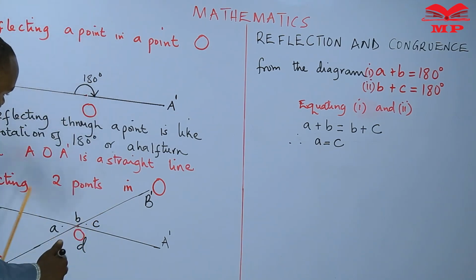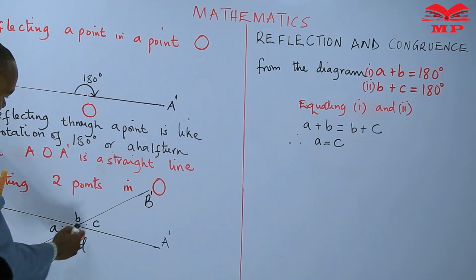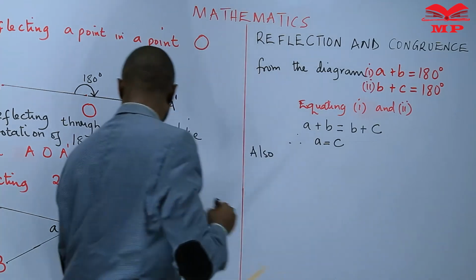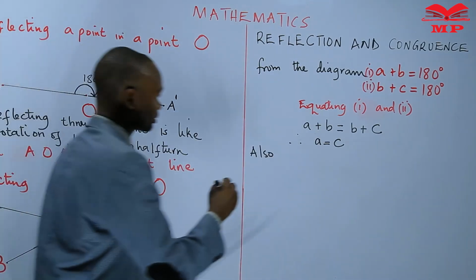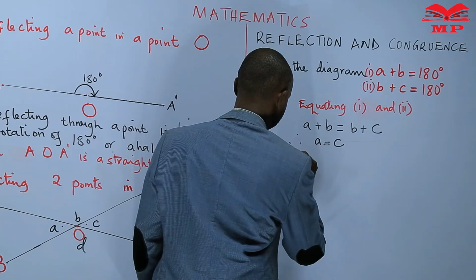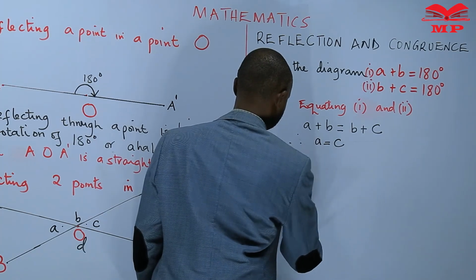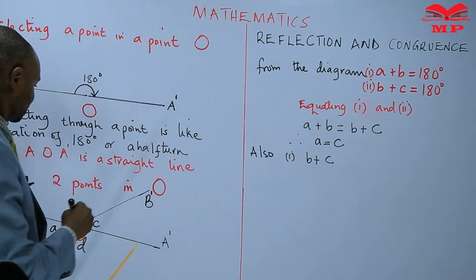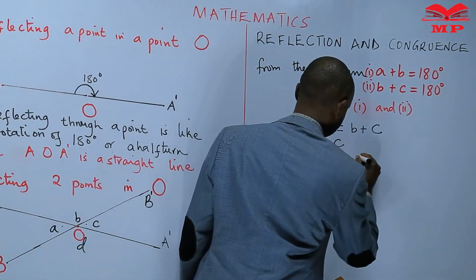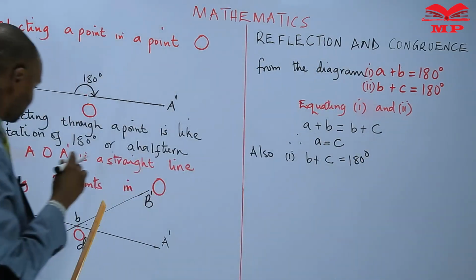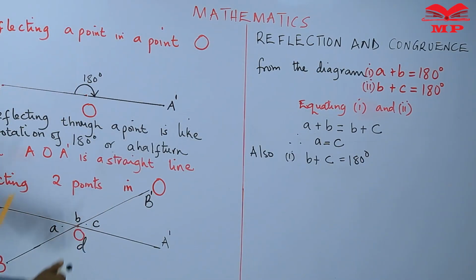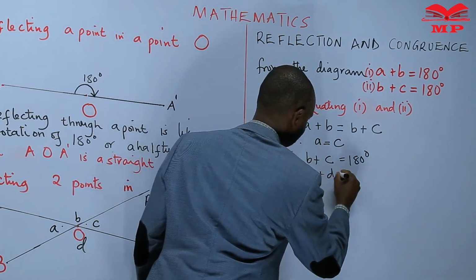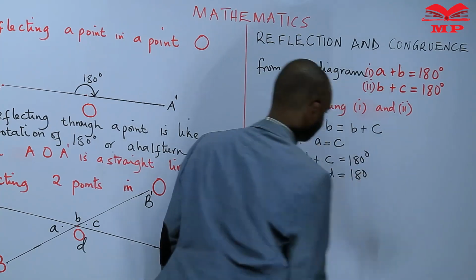We can also use this one: B plus C is equal to 180, and C plus D is also equal to 180.